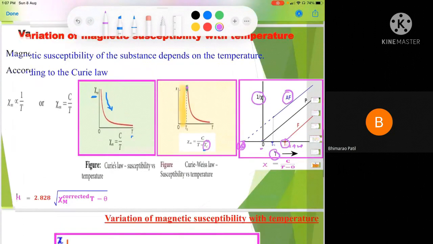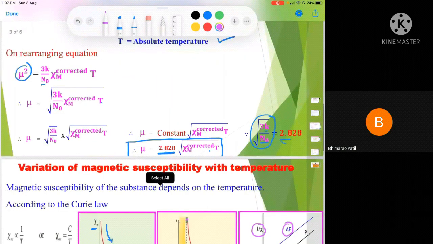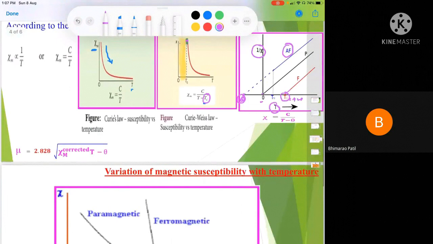Then the equation mu is equal to 2.828 root of chi m corrected into T is modified as mu is equal to 2.828 root of the corrected molar susceptibility into T minus theta. Here theta is taken as a negative value because the line cuts the temperature axis on the negative side.